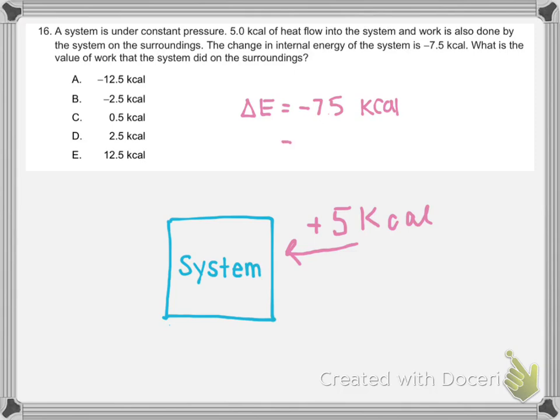We remember that delta E is just equal to heat plus work. So this negative 7.5 kcals can be equal to a positive 5 kcals heat plus the work.